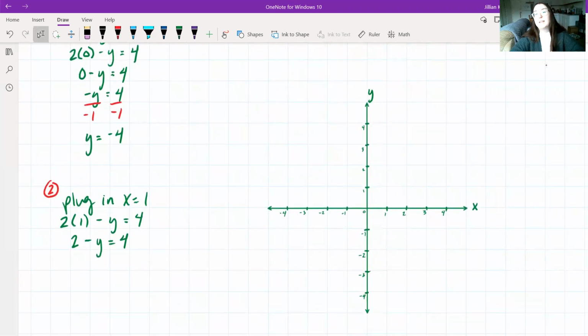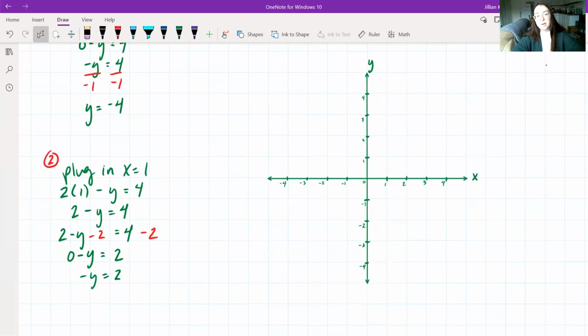Well, we want to get rid of that 2 to isolate our y term, so let's subtract 2 from both sides. So we get 2 minus y minus 2 is equal to 4 minus 2. 2 minus 2 is 0, so we have 0 minus y is equal to 4 minus 2, which is 2. 0 minus y just gives us negative y is equal to 2.